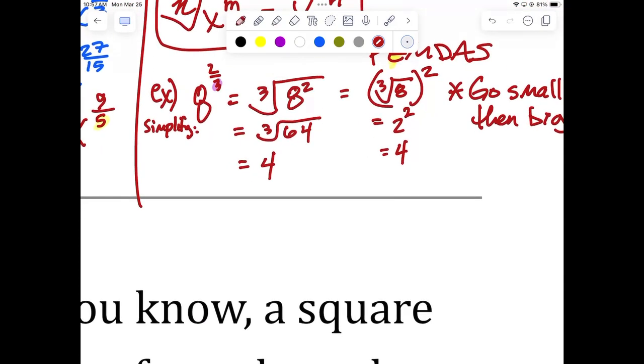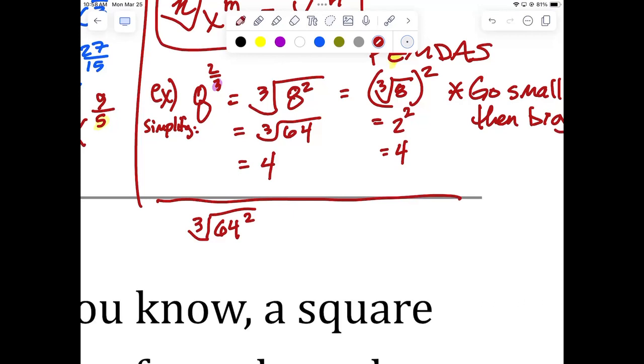Let's give you another example. How about the cube root of 64 squared? Let's try that one. Yeah, that's what we just said, right? Unless you want to go the other way.